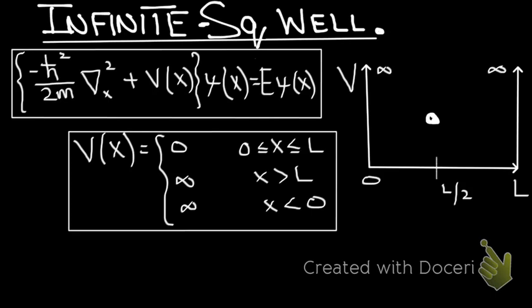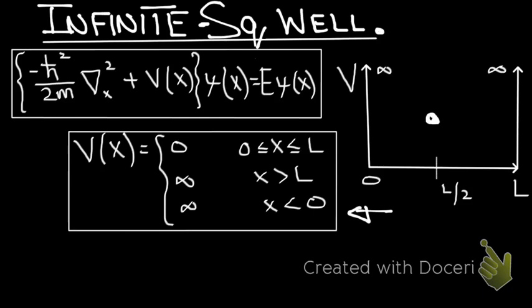So what that tells you is this equation over here, the second box, says that V of x is 0 in the range for x. X, by the way, is the horizontal axis on this graph. From 0 to L you have absolutely no potential. That means the electron can move freely inside this limit.